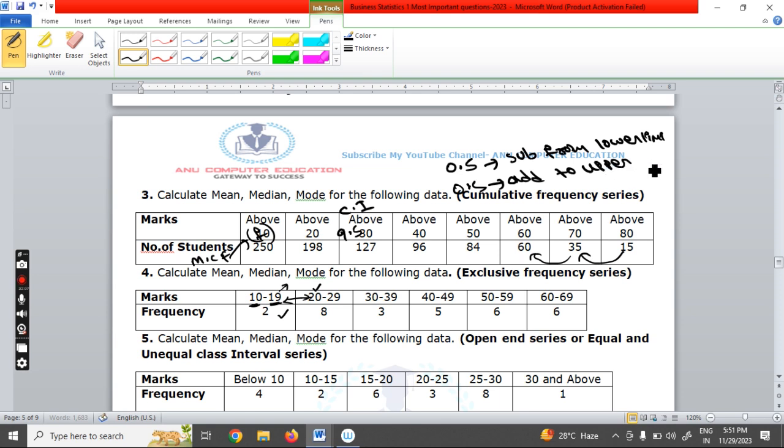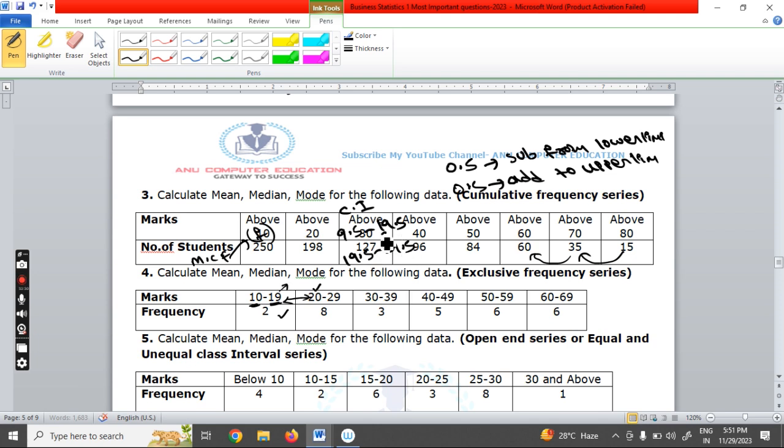So 10 minus 0.5 is 9.5, and 19 plus 0.5 is 19.5. Next, 20 minus 0.5 is 19.5, and 29 plus 0.5 is 29.5.